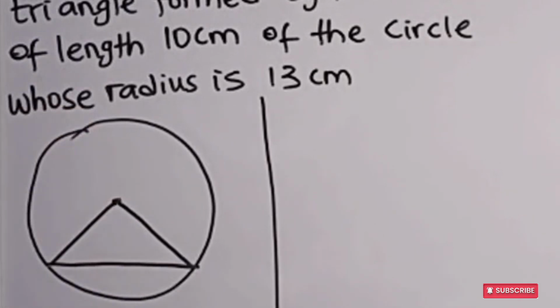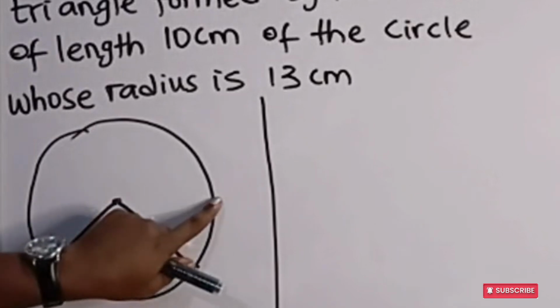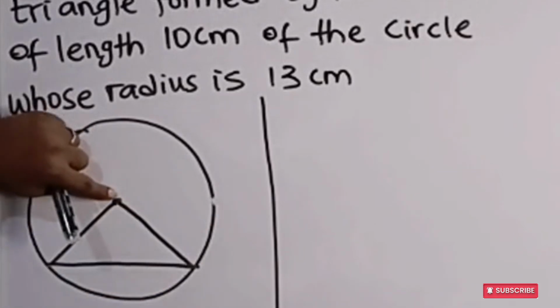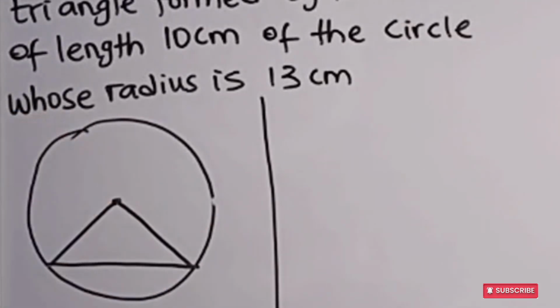A line that is drawn from one point on the circumference to another point on the circumference but passing through the center is called a diameter. So the difference between a chord and a diameter is that a diameter passes through the center, a chord does not pass through the center. So here, this is a chord from one point of the circumference to another point, right?